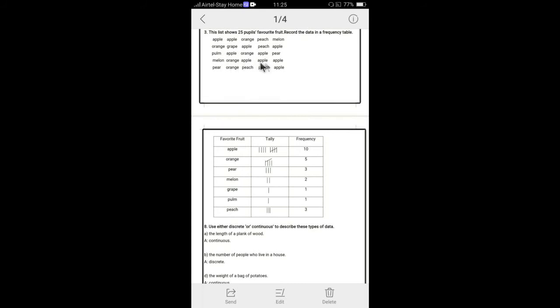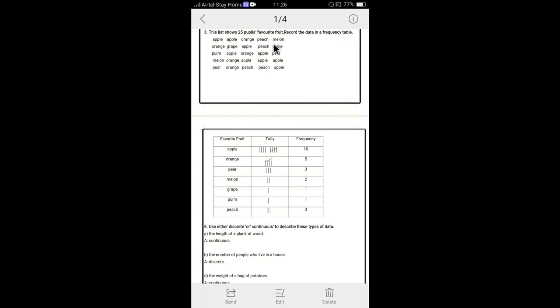Pear, let's say pear: 1, 2, it's showing 2 pears.